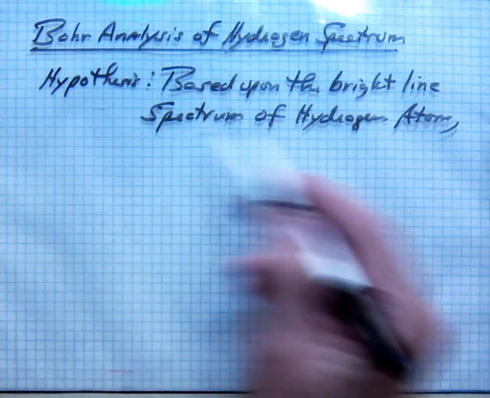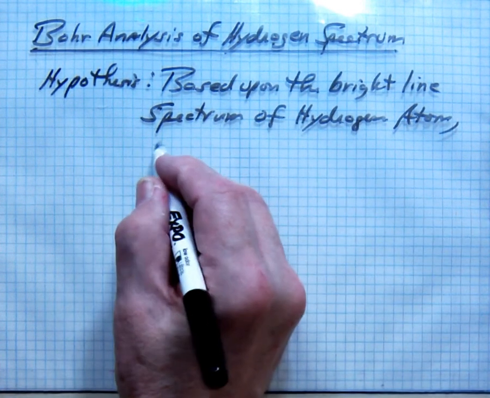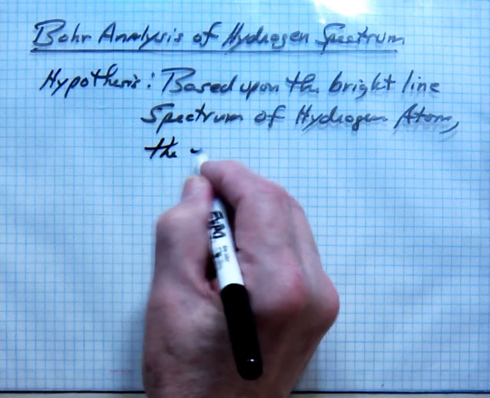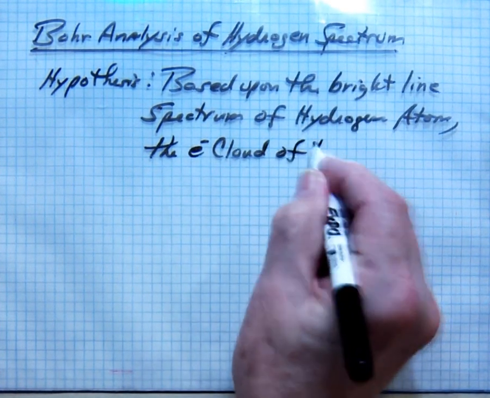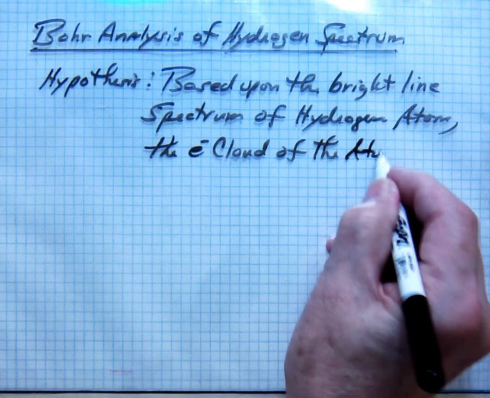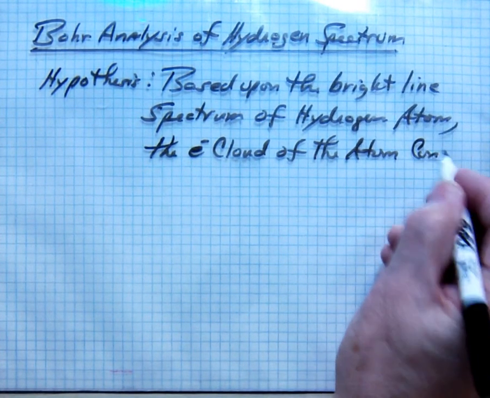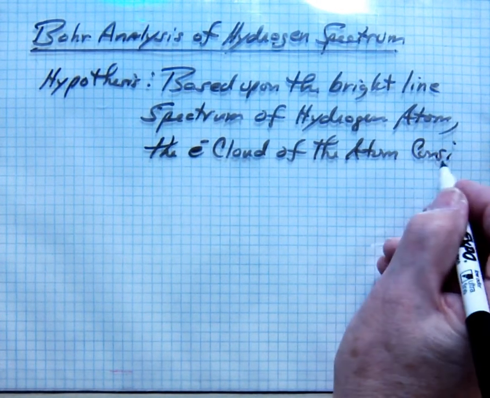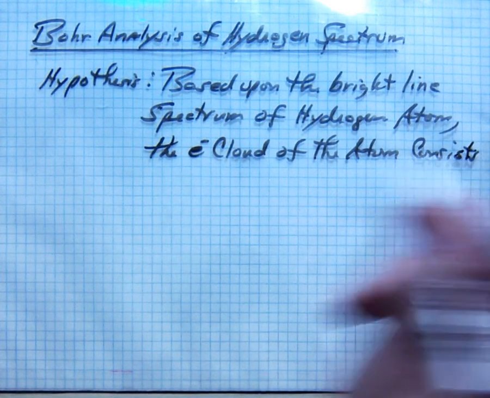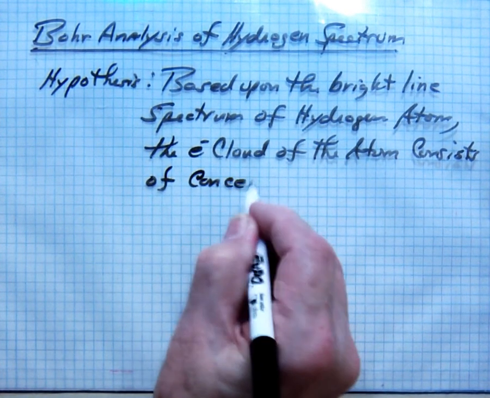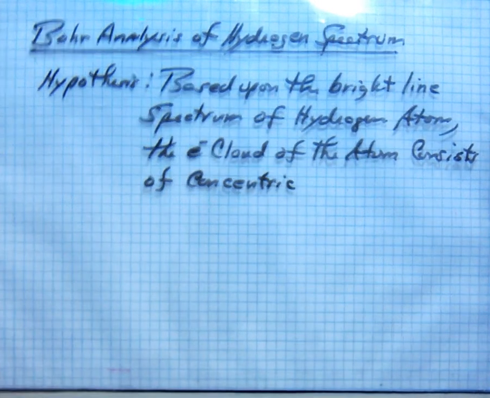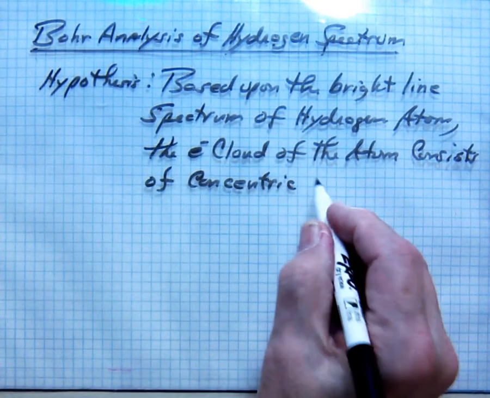So based upon the bright line spectrum of the hydrogen atom, the electron cloud of the atom consists of concentric energy levels.